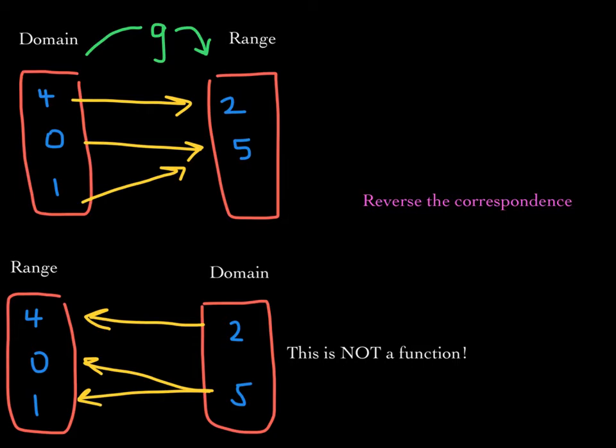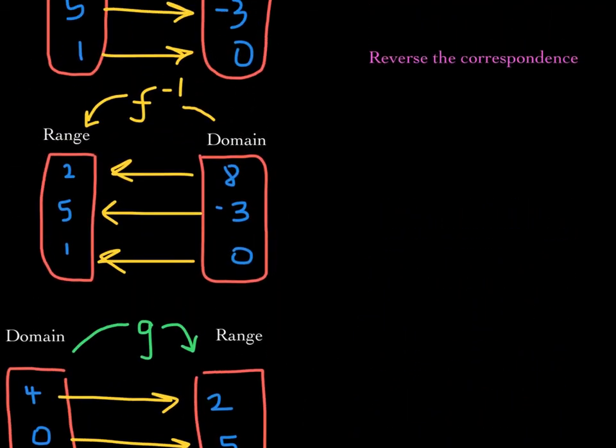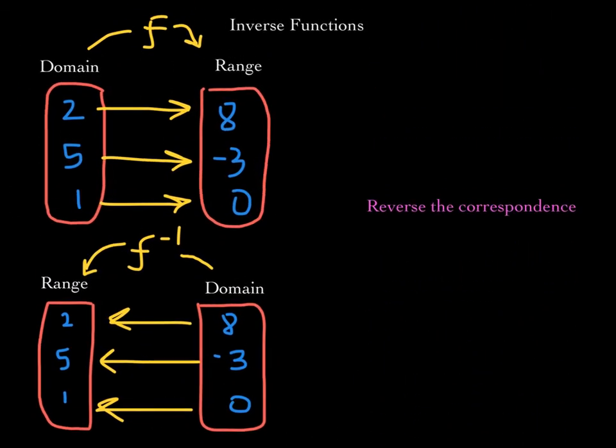If you look at the original example that I showed you, function f here, notice that each input has a different output. When that happens, when we reverse the correspondence, we end up finding another function. This reversal will work as long as each input has a different output.